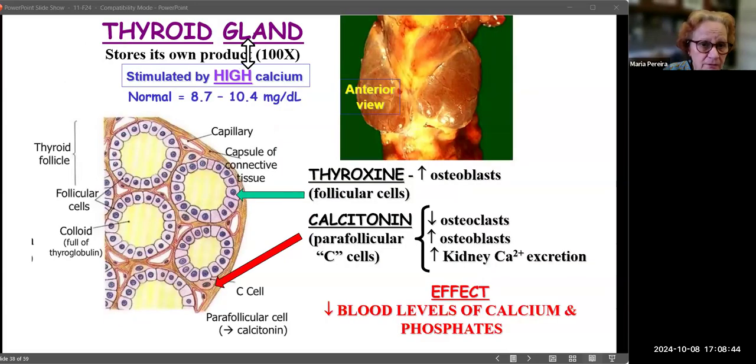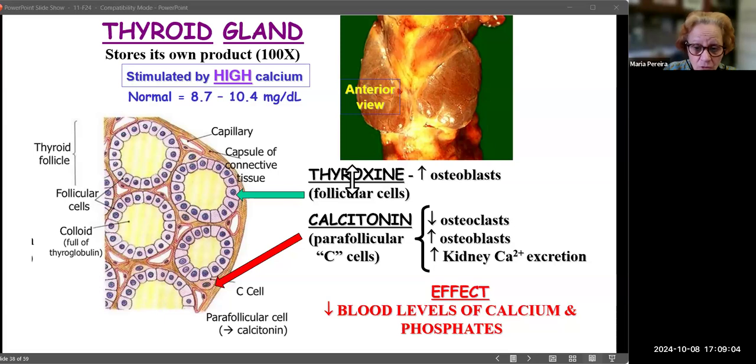So let's start with the thyroid gland. Within the thyroid, we have 2 types of cells, in a simple way. The follicular cells that form these circles produce a hormone known as thyroxine.